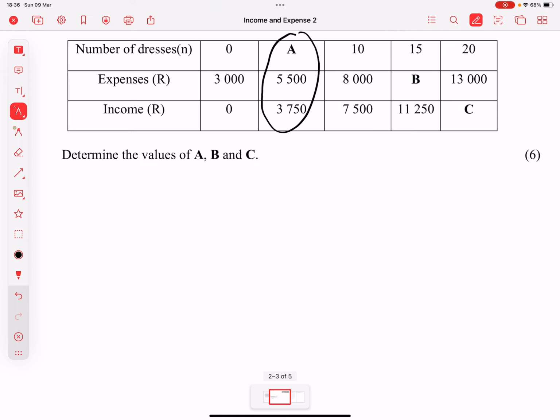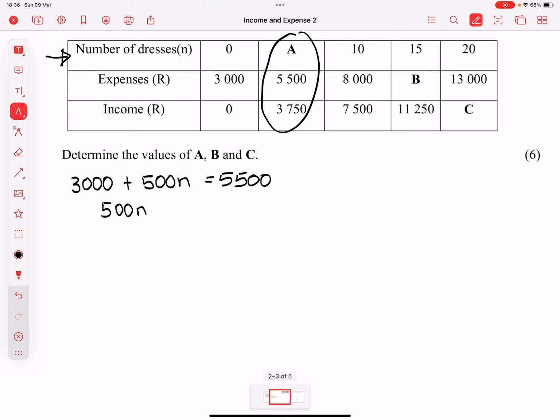We'll actually do both. So my formula is 3,000 plus 500N. So N is the number of dresses, and I am actually looking for the number of dresses. So that's going to equal 5,500. So we rearrange the formula.